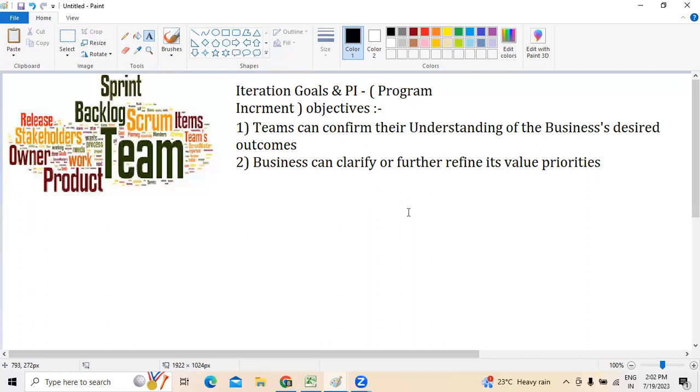In this process, teams will only commit to a subset of the business request, where PI objectives ensure teams commit to the proper subset. Along with that, business value scores and conversations with business owners and key stakeholders also support team commitments.